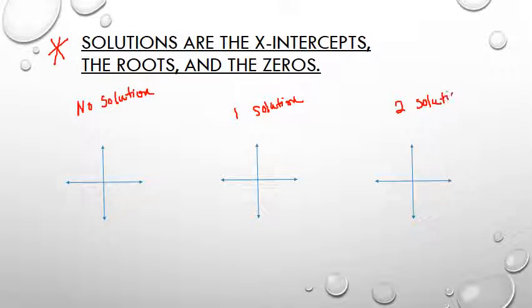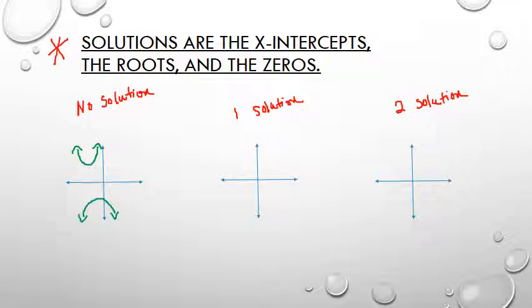Nothing more than that though. Whenever you have no solution, that is whenever your parabola is above the x-axis and it's going up, or it could be below the x-axis and going down. That's whenever you get no solution.